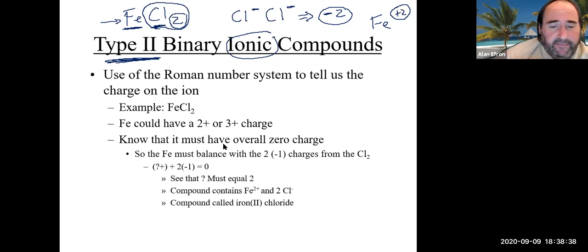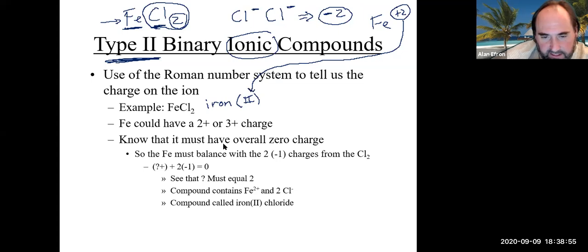So the way that we name that is still the same way as what we did with type 1. We would take the whole name of the metal, which is iron. We would do a Roman numeral of 2. And the 2 is the actual charge on one of the metals, the positive metal that you take out. It is not how many you have, which is a very common thing that people want to do.